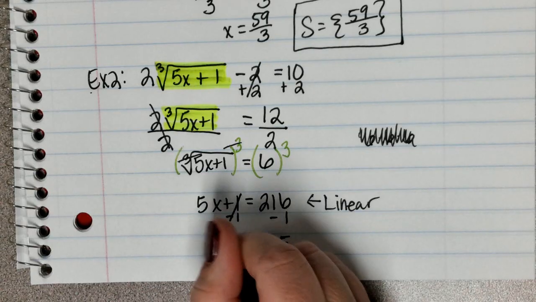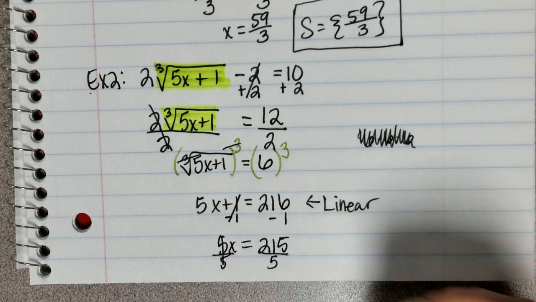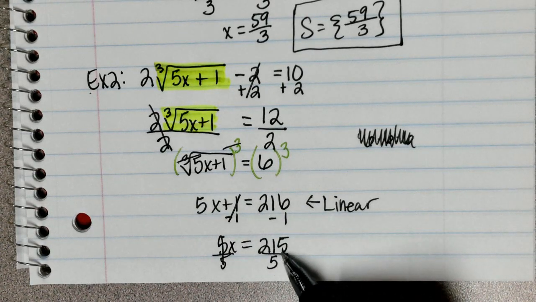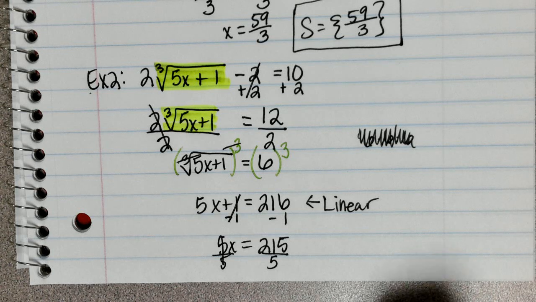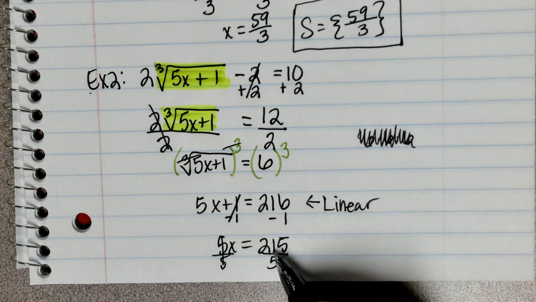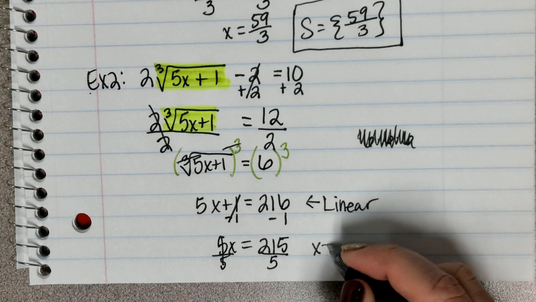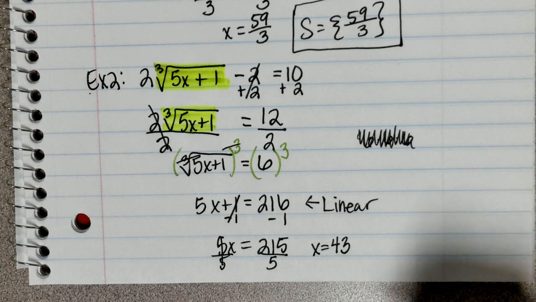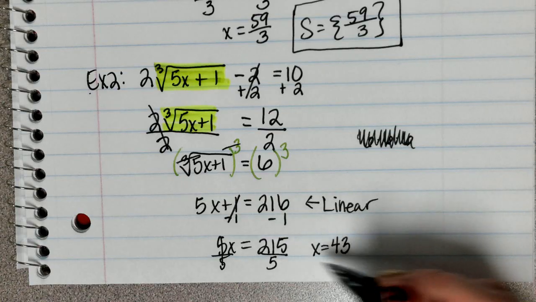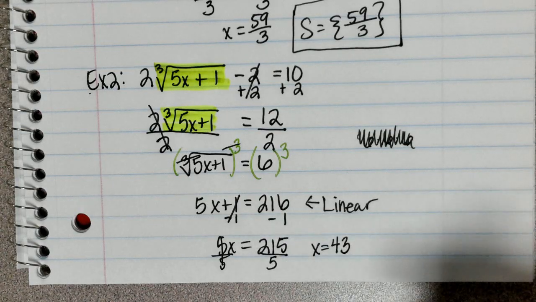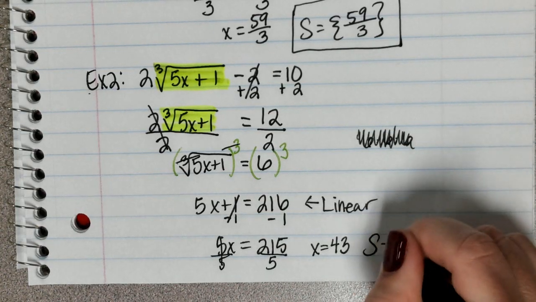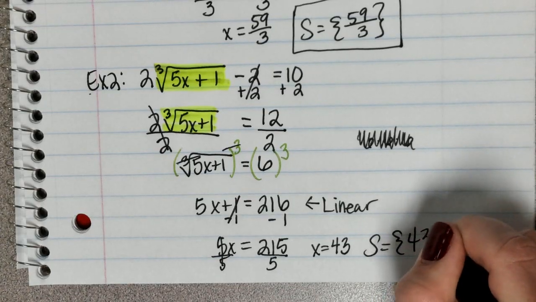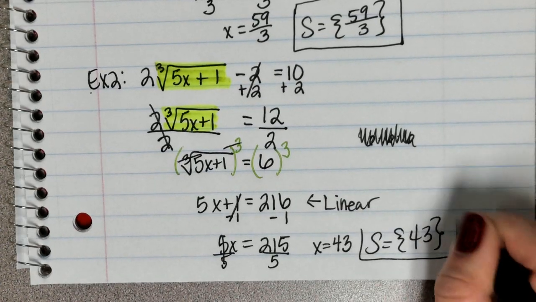And then you divide by 5. 215 divided by 5 is 43. Yeah, because 5 times 40 is 200, and 5 times 3 is 15. Add them together, it's 215. Okay. So this one, the answer is 43.